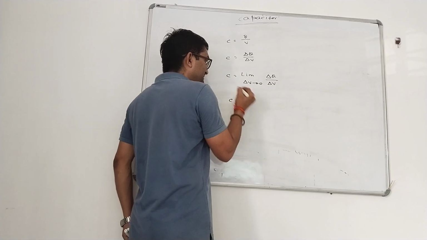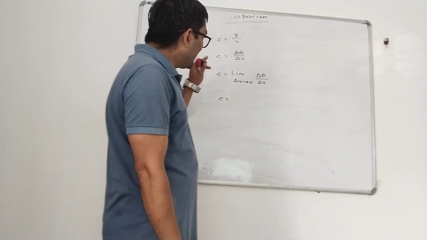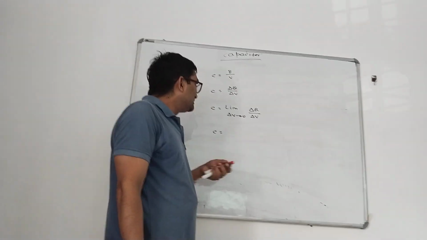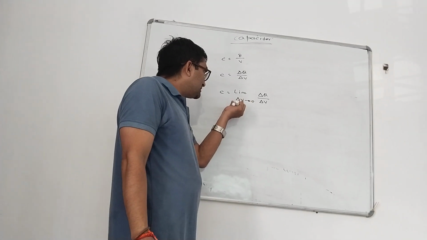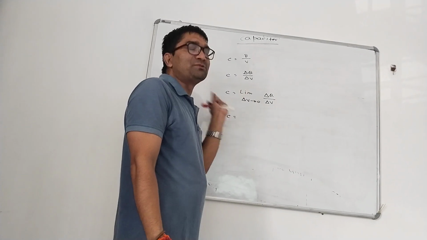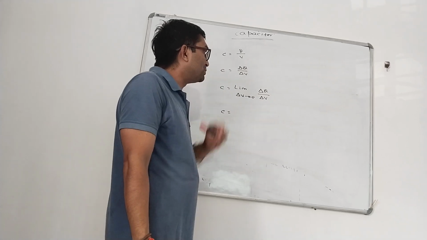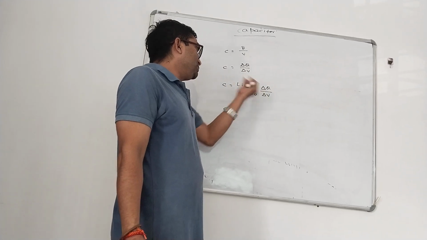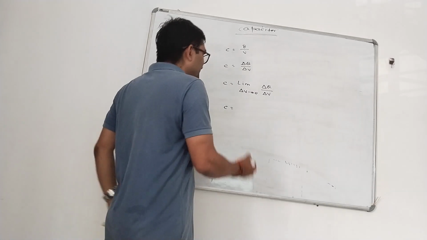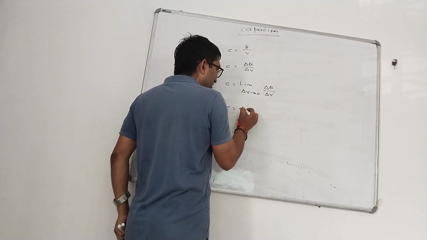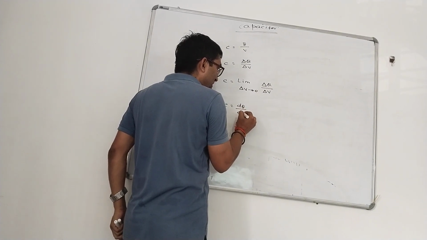It means that delta V tends to 0 means what? Potential difference should be very small, I mean it should be near to 0. If it is near to 0, it means it becomes the differential form.